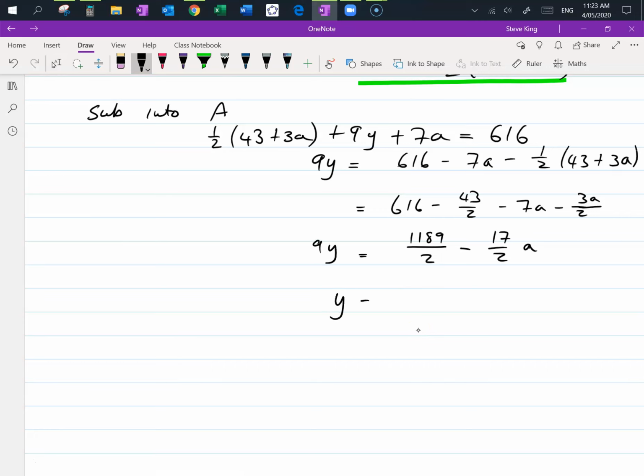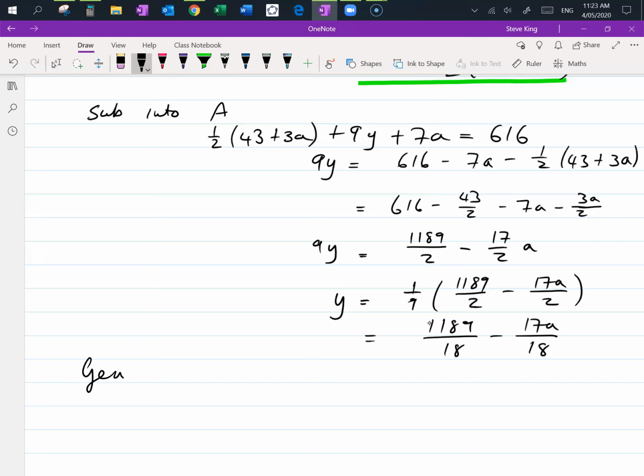So y by itself is simply going to be 1/9 of 1189 over 2 minus 17a over 2. And just to make that look a little bit easier, 1189 over 18 minus 17a over 18. And so our general solution looks like this.